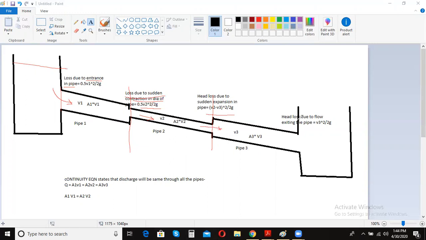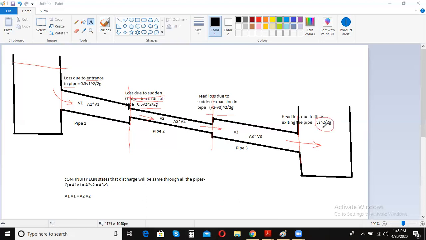Now, come to this section. Again, when water is passing this section, what happens? The water is basically exiting this pipe. Whenever water encounters an exit from a pipe, another amount of head loss will take place, and that head loss is given as V3 square by 2g.